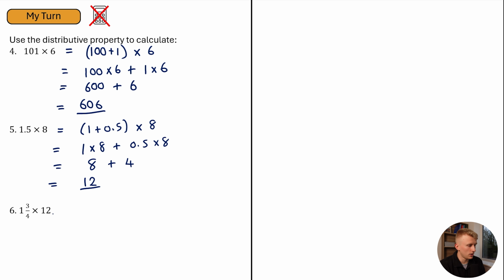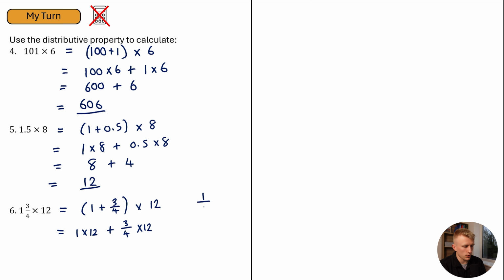And the last example, 1 3/4 multiplied by 12. I can split my 1 3/4 into 1 add 3/4 and multiply that by 12. And what I'm going to do is I'm going to do 1 lot of 12 and then add on 3/4 of 12. So 1 multiplied by 12 and then add on 3/4 of 12 over here.